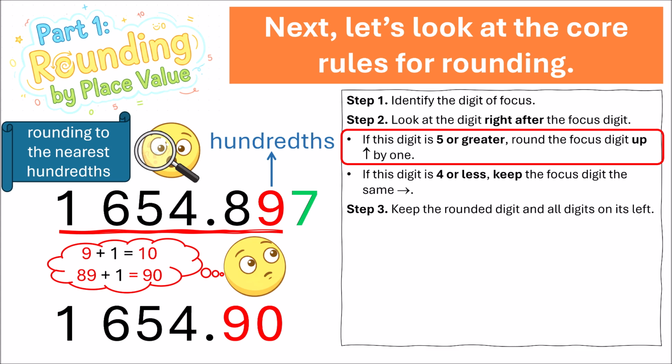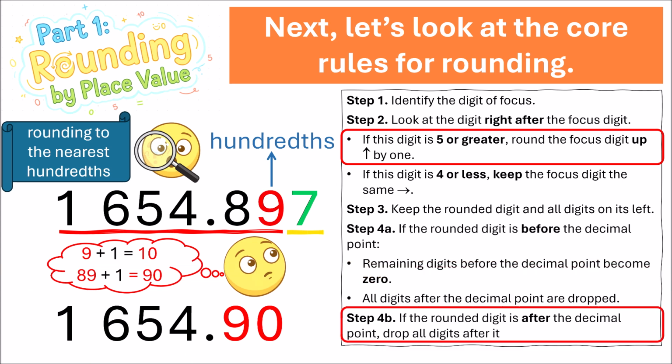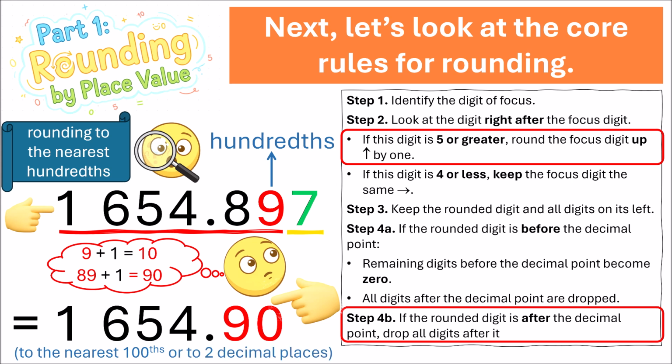Step 4a is not relevant and we move on to step 4b, and drop all digits after the rounded digit. So 1654.897 equals 1654.90 when rounded to the nearest hundredths. Note that this is the same as rounding to 2 decimal places.